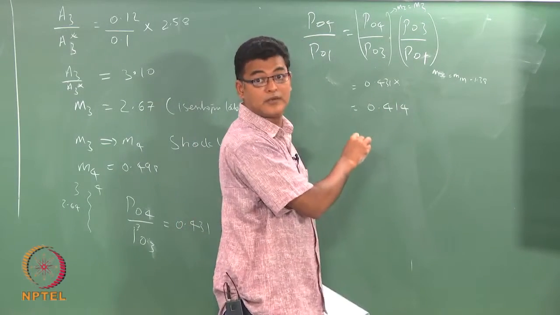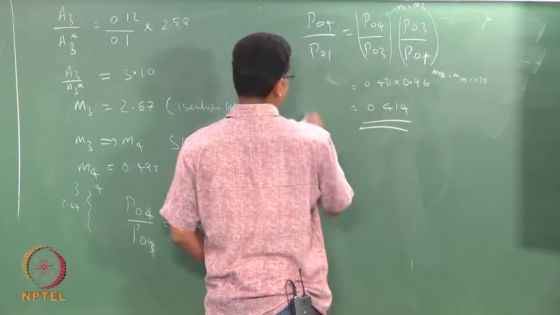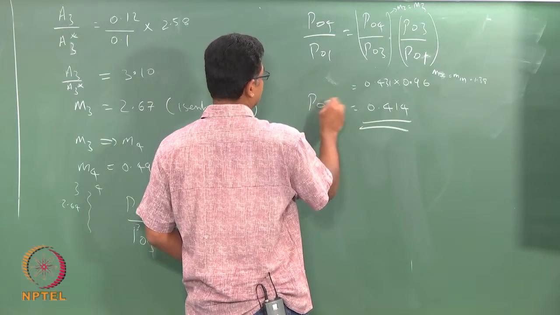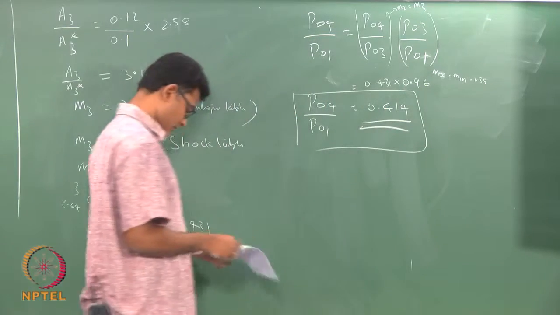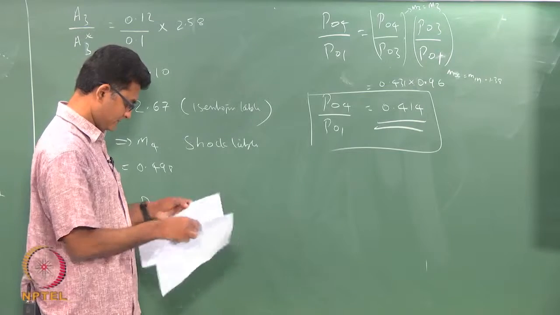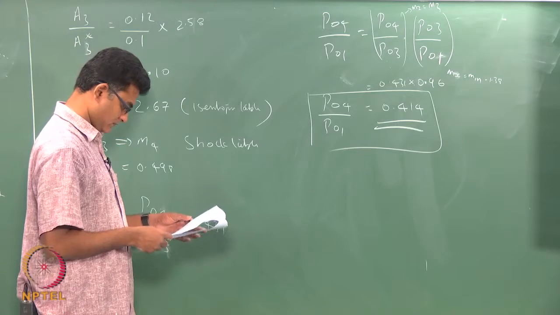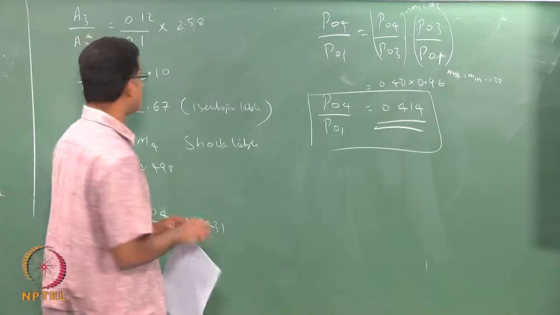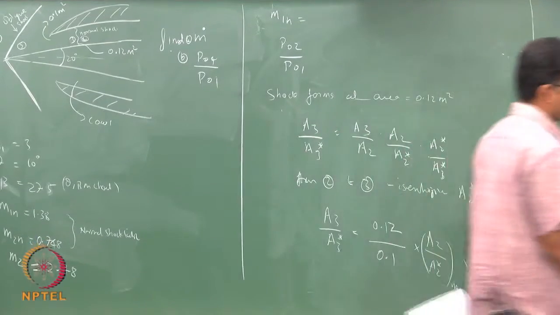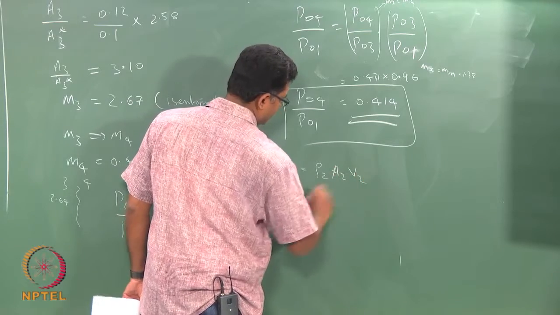So, m dot you can compute from rho 2 A2 V2.